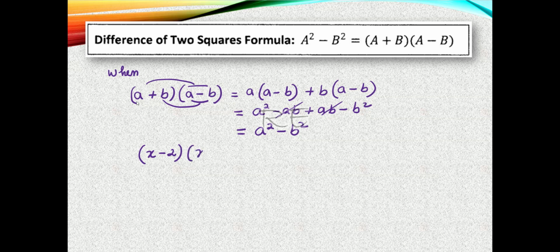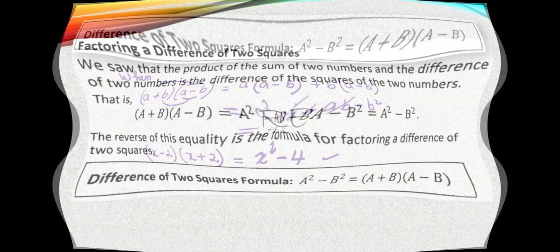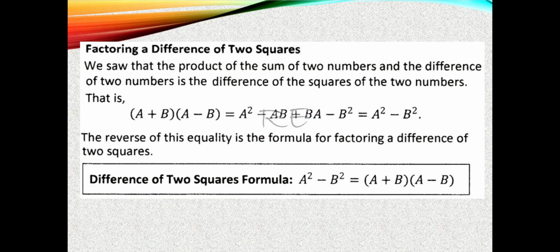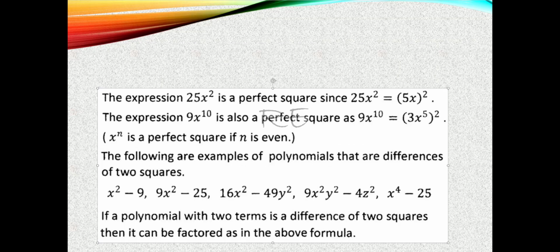Similarly, x minus 2 times x plus 2 will give us, according to the formula, x squared minus 2 squared, which is 2 times 2, which is 4. So if we know that we have a difference of two squares, then we just have to apply this formula.